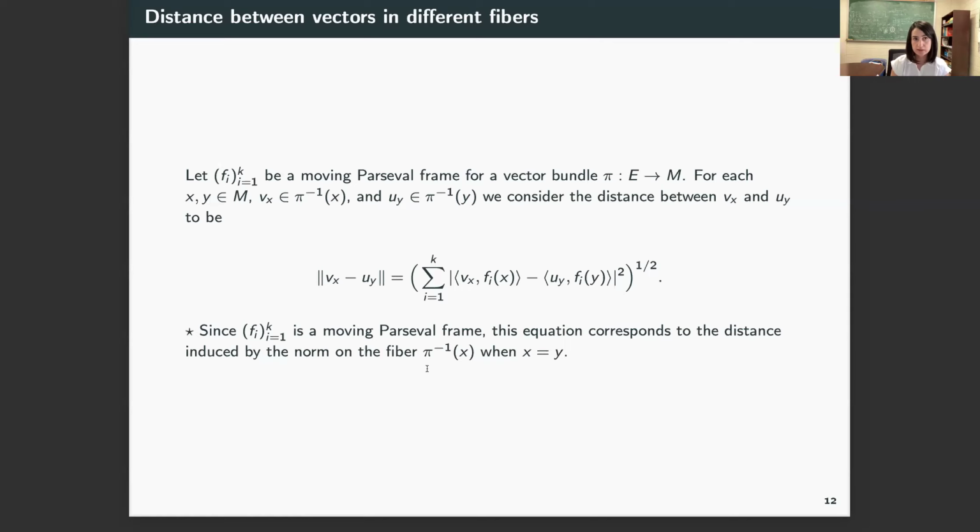So this way we're finding the distance between fibers, and that gives us another tool: if I want some vector to be close enough to my vector, this is how I'm going to define the distance and say whether it's close enough or not.